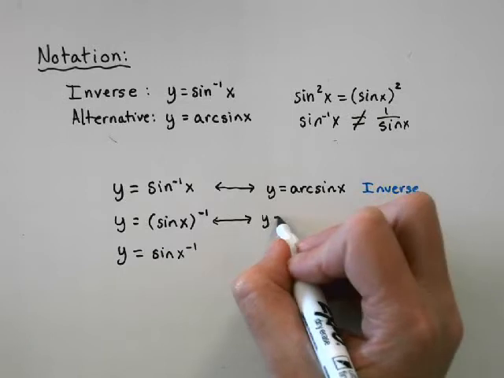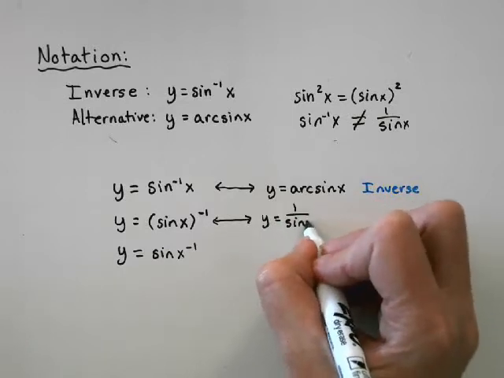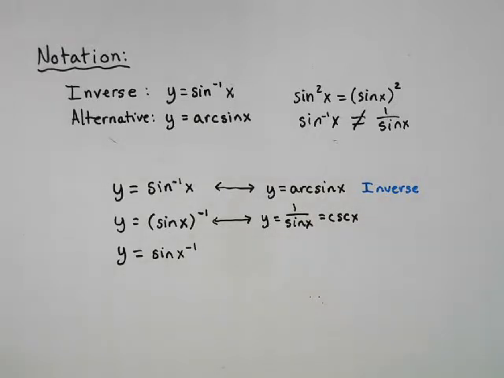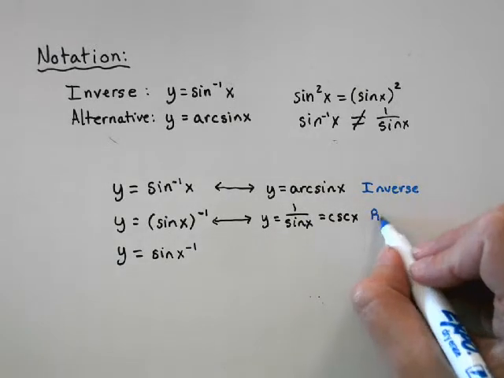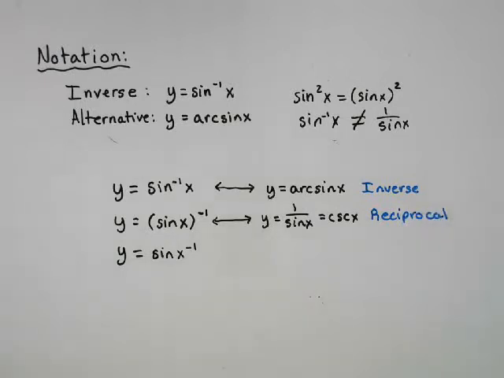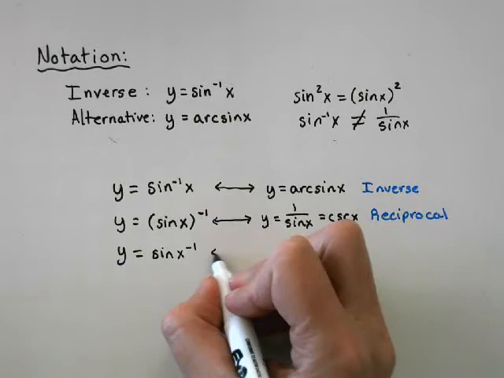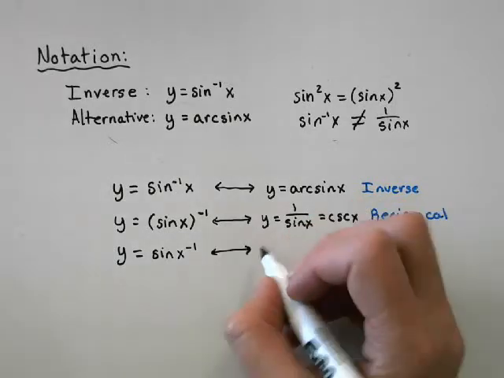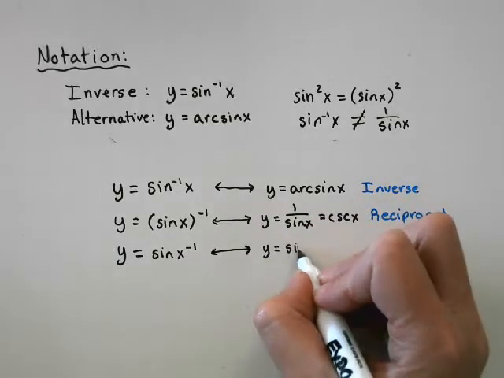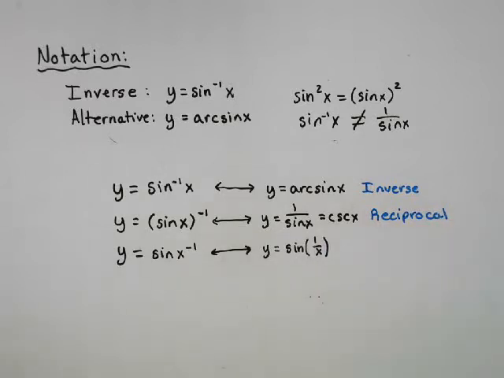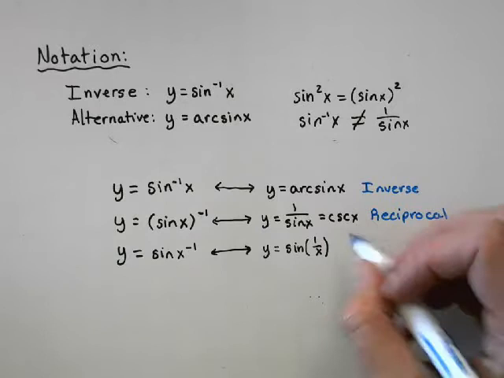So this would be y equals 1 over sine, which would be cosecant of x. So this is the reciprocal. This last one, if we don't have the parentheses around it, the -1 is only going to apply to the x. So this would be the same as sine of 1 over x, x to the -1. So this would be sine of the reciprocal.